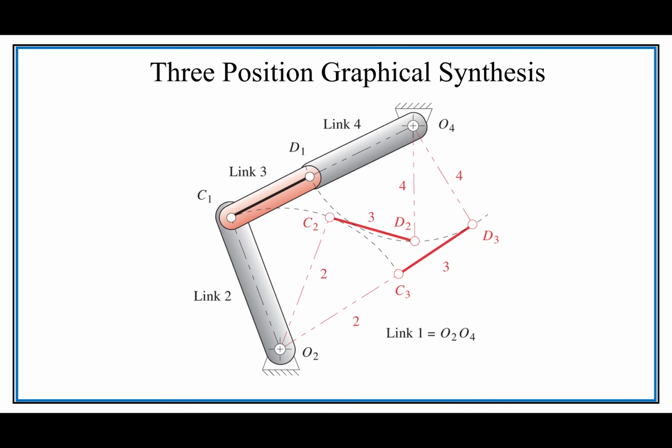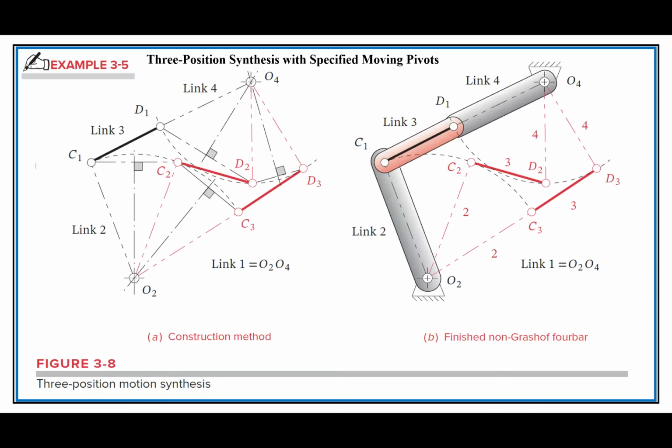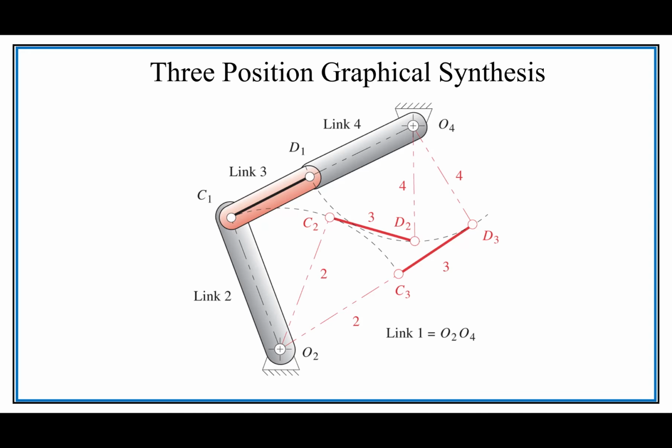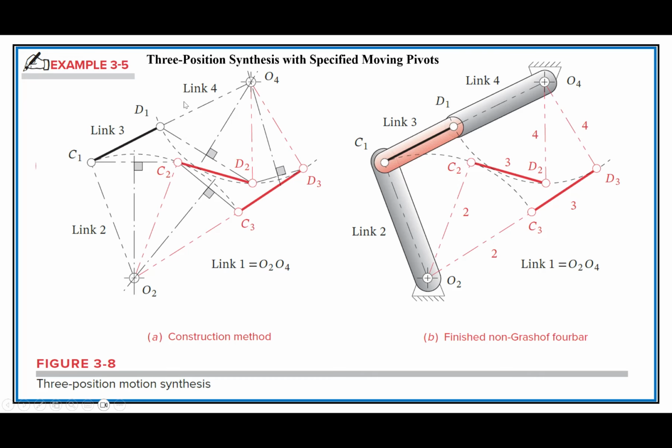All right, so here's our first example, I think example 3.5 out of the book, where we go through these 3 positions, C1 and D1 to C2, D2, and C3, D3. Here's what's provided in the book, and we're going to walk through it.